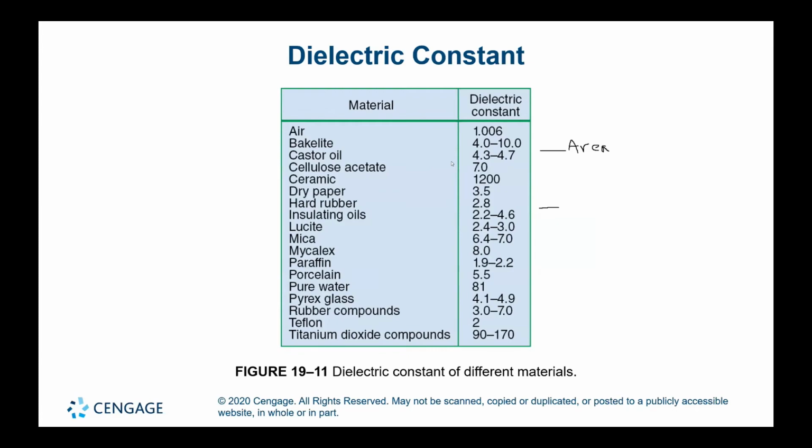What does that mean? That means that they have a higher resistance, so they can produce a capacitor that can store a higher charge between its plates because it develops less leakage current.